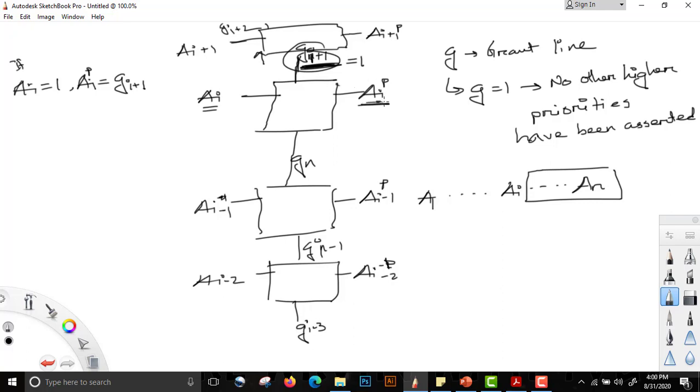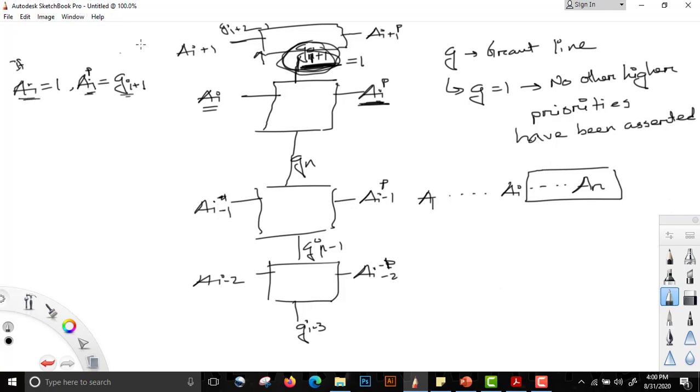In that case, the grant line is equal to 1. If we have asserted Ai, Aip would be 1 if higher priorities are 0, and since higher priorities being 0 makes Gi plus 1 equal to 1, Aip would be equal to Ai.